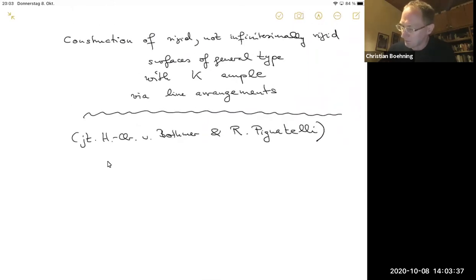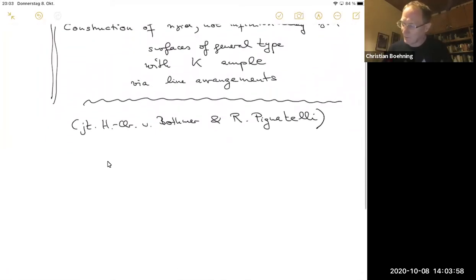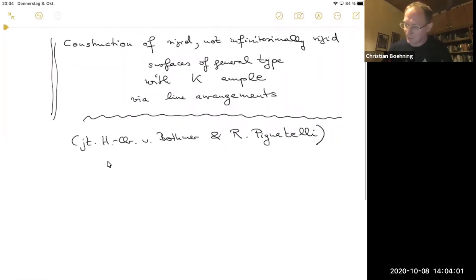By the way, I'll say at the end how to put this work into context and how it relates to work by Warwick and by Karpovich-Milson and also previous work by Bauer and Pignatelli. This also answers an old question by Kodaira and Morrow about deformation theory, by the way.